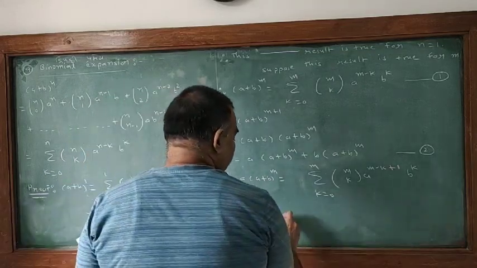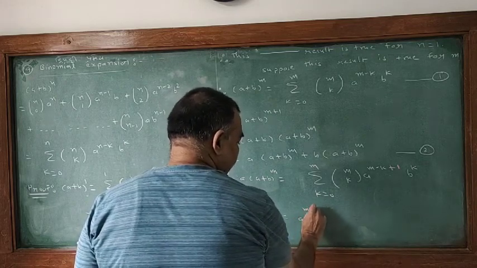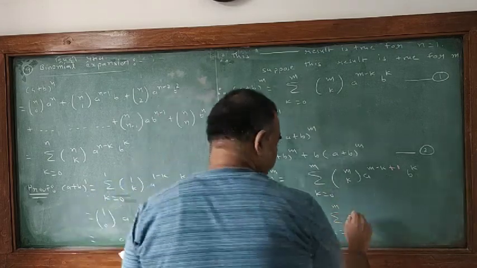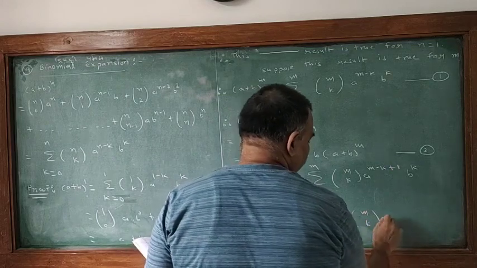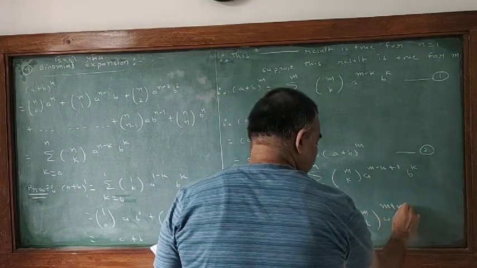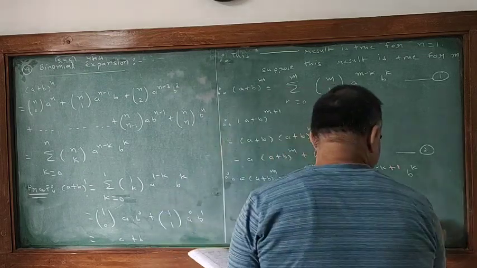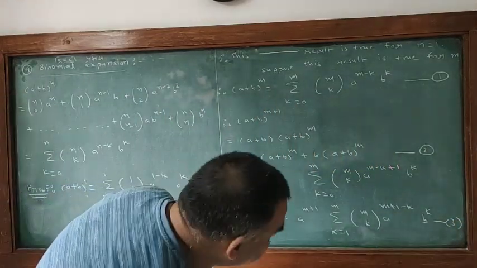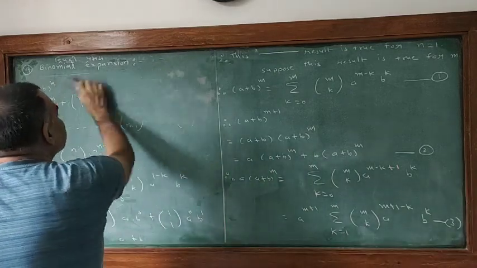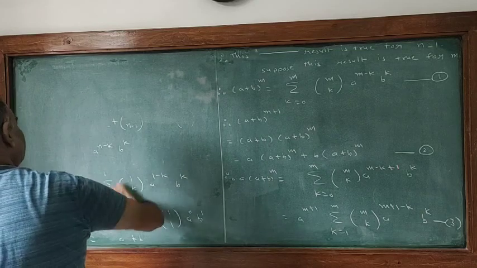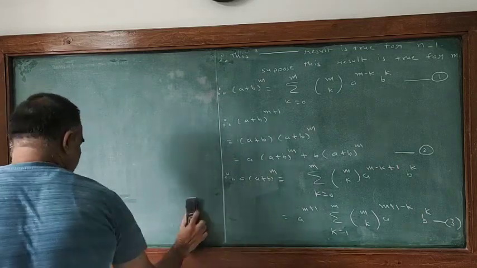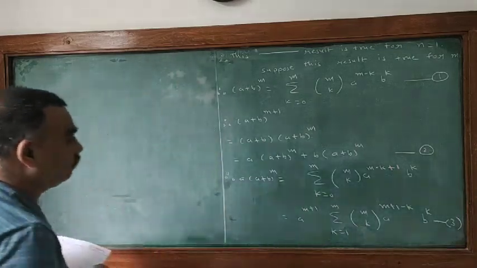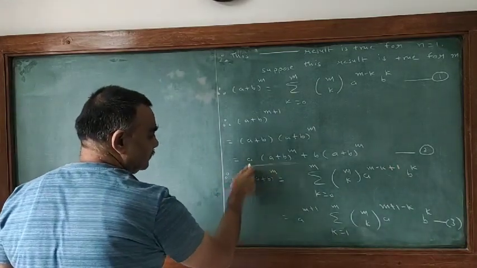Now if we put k equal to 0, we get a raised to m plus 1. I say this is equation number 3. This is the expansion of this term.